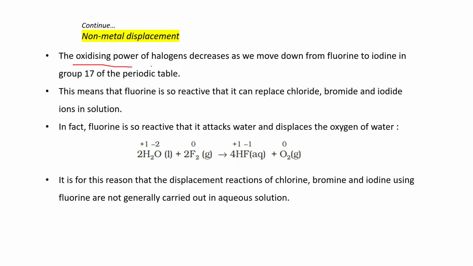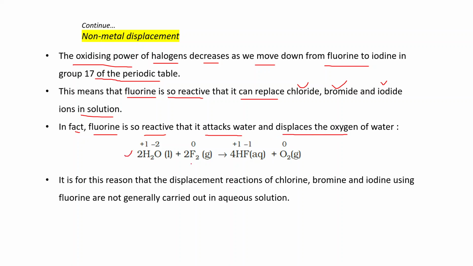The oxidizing power of halogens decreases as we move down from fluorine to iodine in group 17 of the periodic table. This means that fluorine is so reactive that it can replace chloride, bromide and iodide ions in solution. In fact, fluorine is so reactive that it attacks water and displaces the oxygen of water.